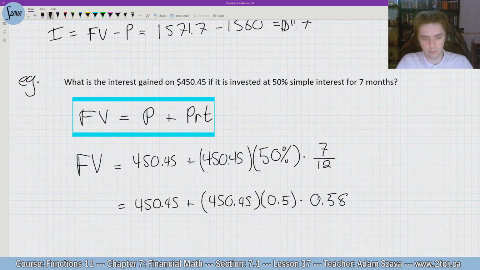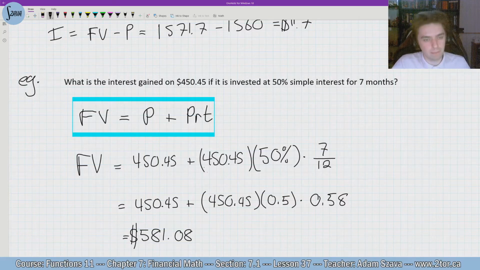You can just round to 2 decimal places. And then now we can just add all this together. So 450.45 plus 450.45 times 0.5 times 0.58. Okay, so it is 581.08 is what I got for that future value amount.